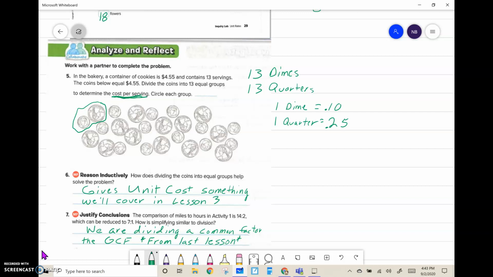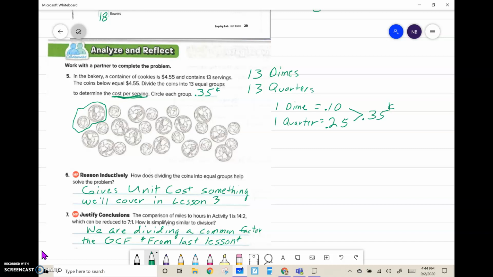If we're going out to the store shopping and buying candy or chips, we know that a quarter and a dime is going to be 35 cents. So after circling each group, we find out that one group is 35 cents.